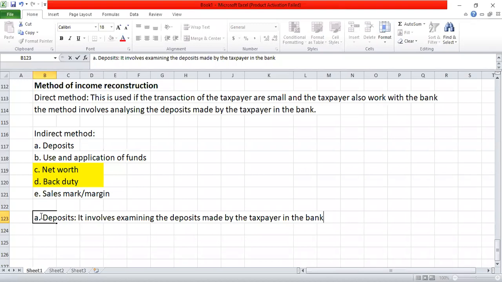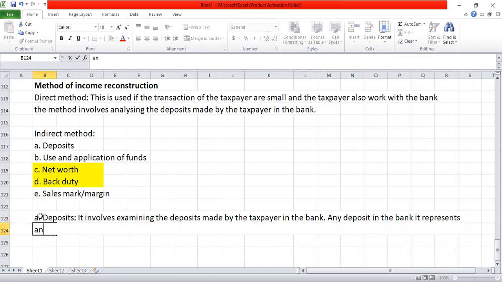Any deposit in the bank represents an income. Any deposit you see on the bank statement represents an income, unless the taxpayer has an explanation that it is not income. But if there is no explanation, then any deposit is going to represent an income.